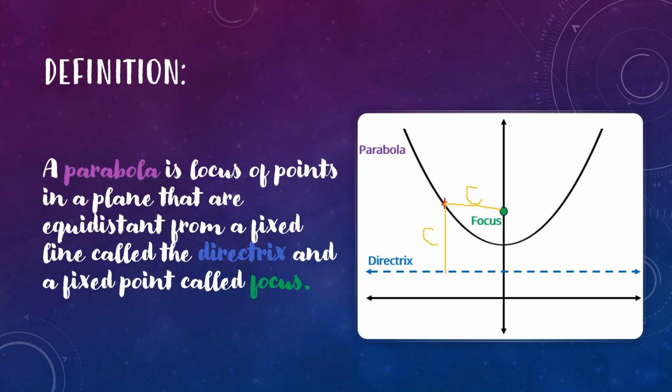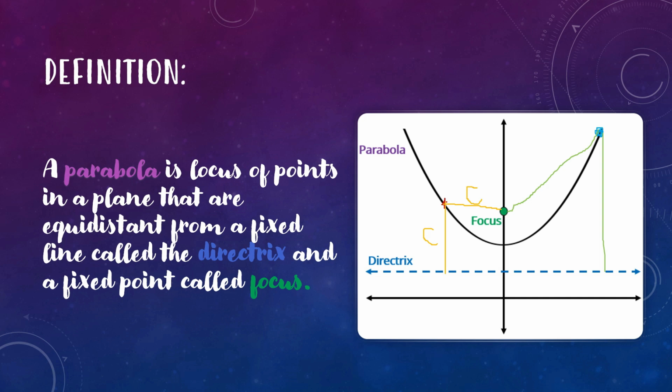Say for example, another point. Say for example, kani. Okay, kanang blue. Okay, point kunuhay na siya. Ang distance niya, okay, gikan diri sa blue nga point, padulong kay focus, assuming nga straight line na siya kay distance. And ang distance niya padulong kay directrix, again assuming nga straight line na siya.